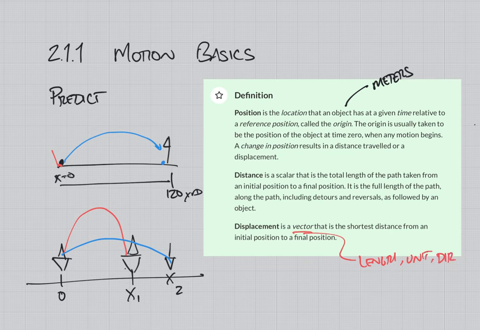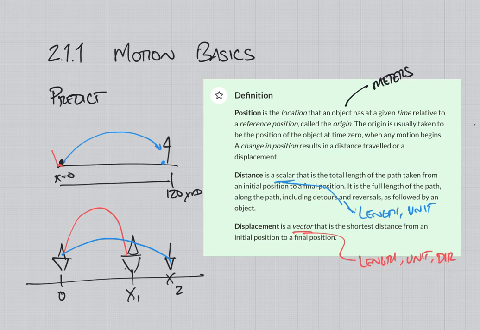Okay, whereas a scalar only has two things. A scalar has a length, and it has a unit. Okay, so the main difference between something that is a scalar and a vector is that a vector worries about the direction and a scalar doesn't.